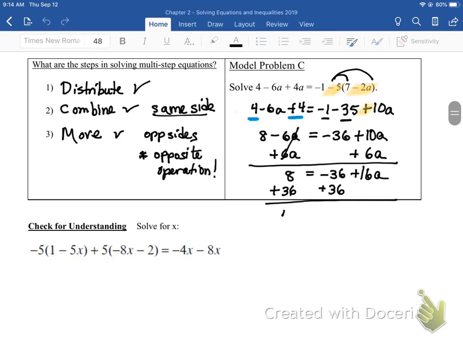Okay, so that's 44 equals 16a. Okay, and then I'm going to divide by 16. Now, in the case where your answer does not come out even, let me tell you how it should look. Okay, so a equals 2.75, but you can always change that to a fraction.